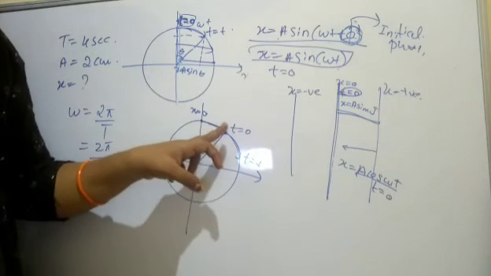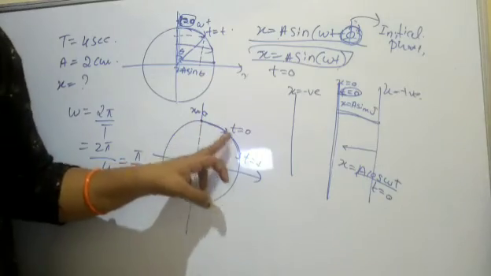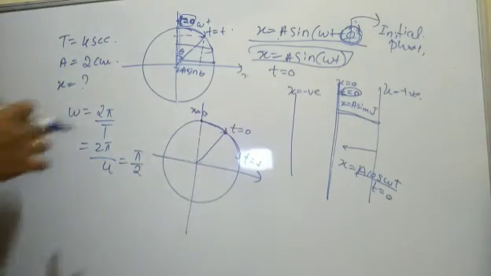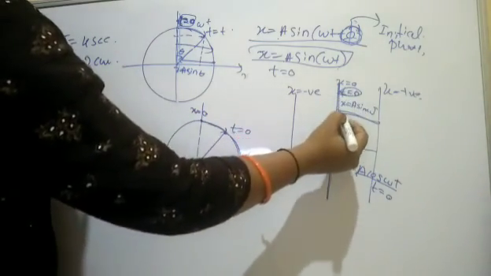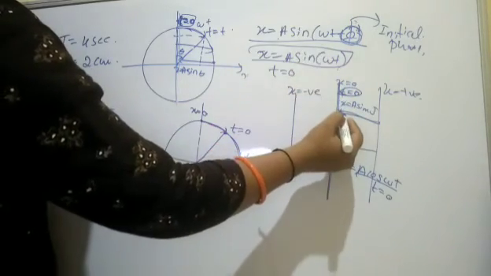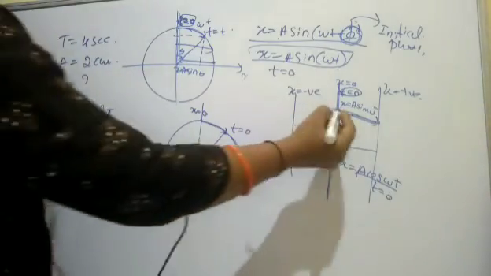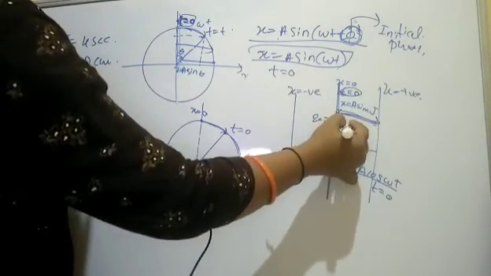We have to measure from the beginning point. Just as amplitude and displacement must always be measured from the mean position, wherever it is, x should be measured from the mean position.